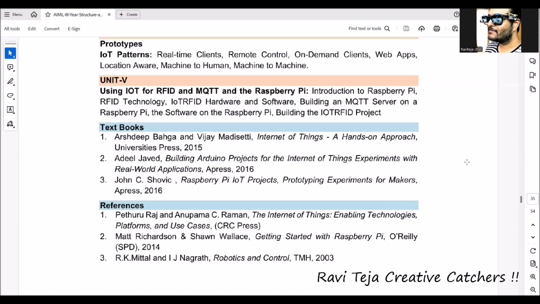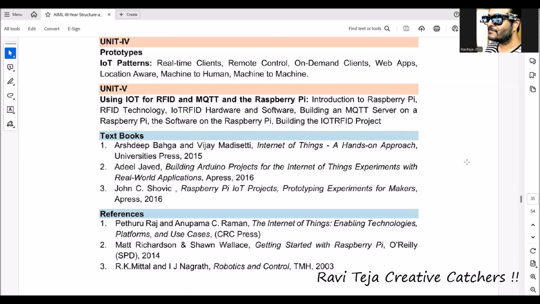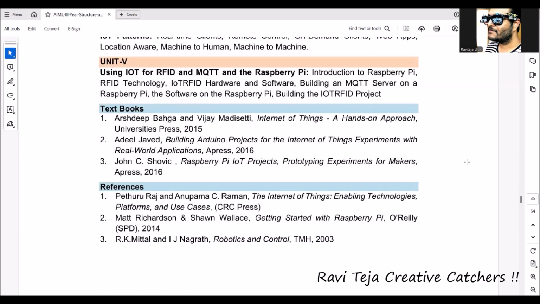And in order to learn all these 5 units, we need to follow a few textbooks and references. All the topics of the 5 units can't be included in a single book, so we need to verify a few textbooks and references in order to have better knowledge. Arshdeep Bahga and Vijay Madisetti's Internet of Things is the most suggestible.